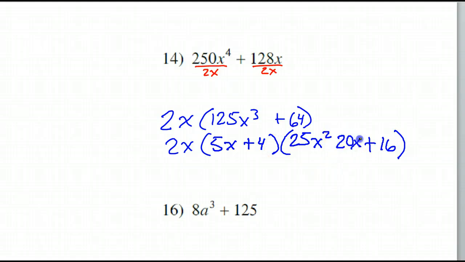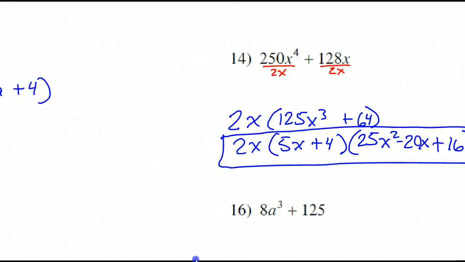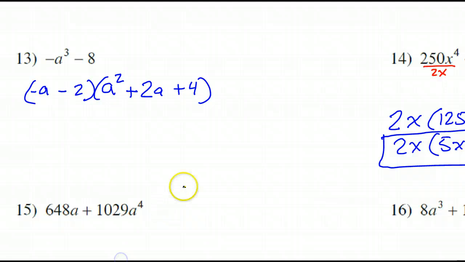So I'm going to have a 20x in the middle because I multiply, and I will do the opposite sign. So positive becomes negative. So this would be my final answer for number 14. Have to go all the way down to this. So let that be a lesson to you. Please do not forget the first rule of factoring is to find the common factor, the GCF.